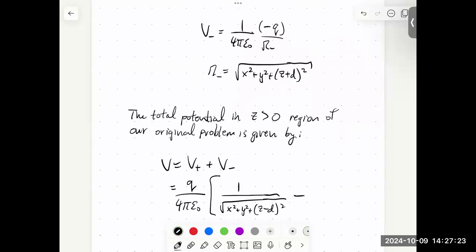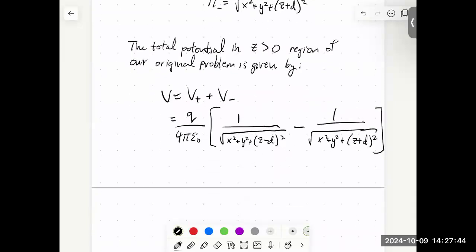Then we subtract the other one because it was a negative q: 1 over the square root of x squared plus y squared plus (z plus d) squared. Let me check. Hopefully that's the right answer. Yes, it is.